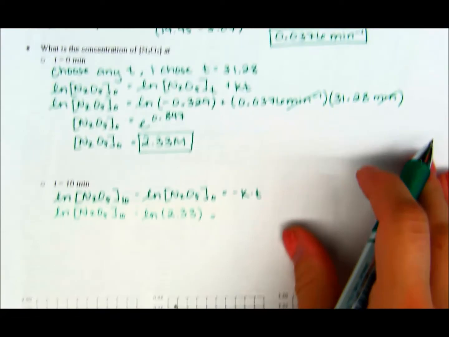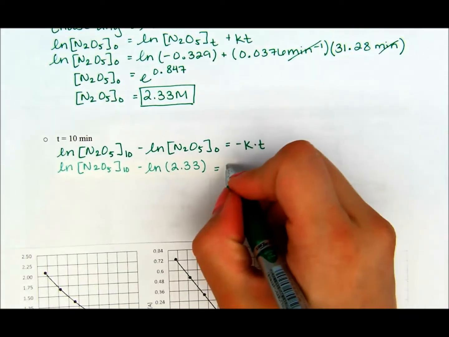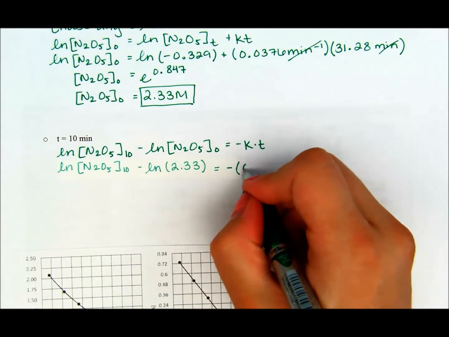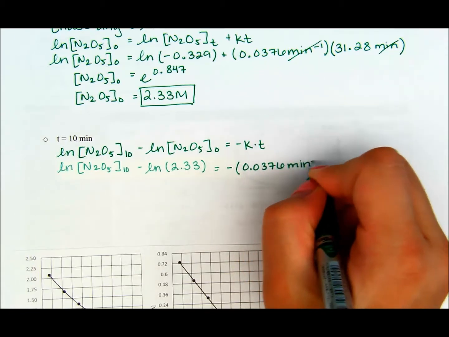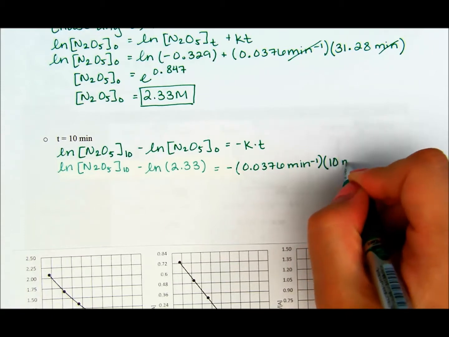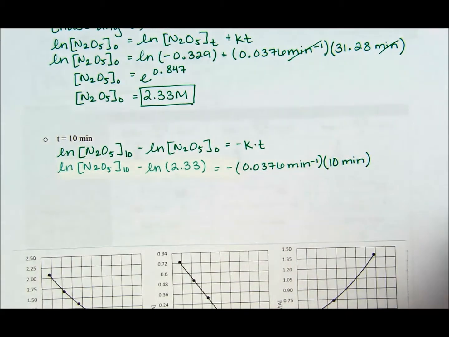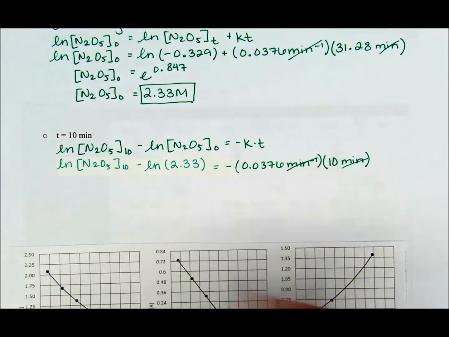Remember, we calculated k right up here. Our k was 0.0376 inverse minutes, and the time we're studying is 10 minutes. So we're going to write our 10 minutes in there. And of course, inverse minutes and minutes will cancel out.